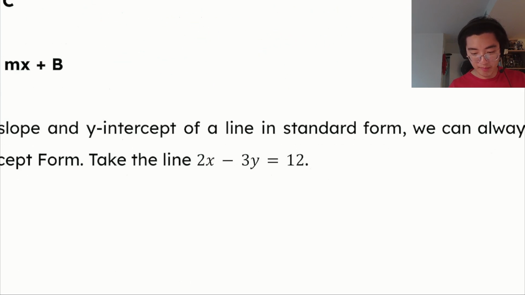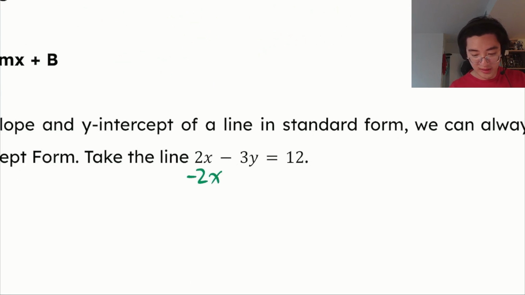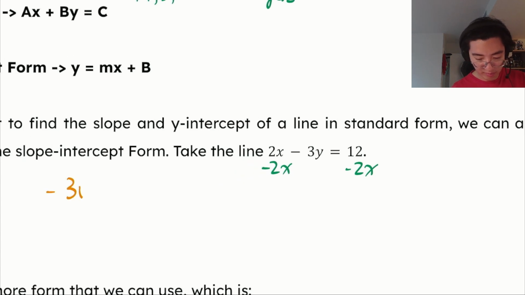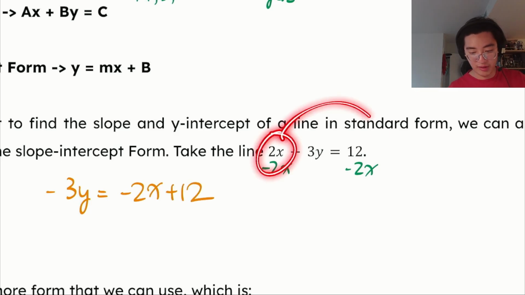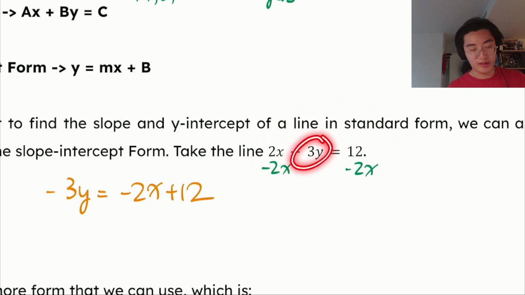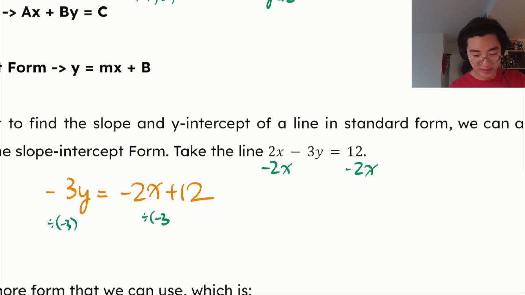So first step here, we want y to be by itself. So we subtract 2x from both sides, like that. So all we're doing here is moving this 2x onto this side so we can isolate the y. After that, of course, we divide both sides by -3.